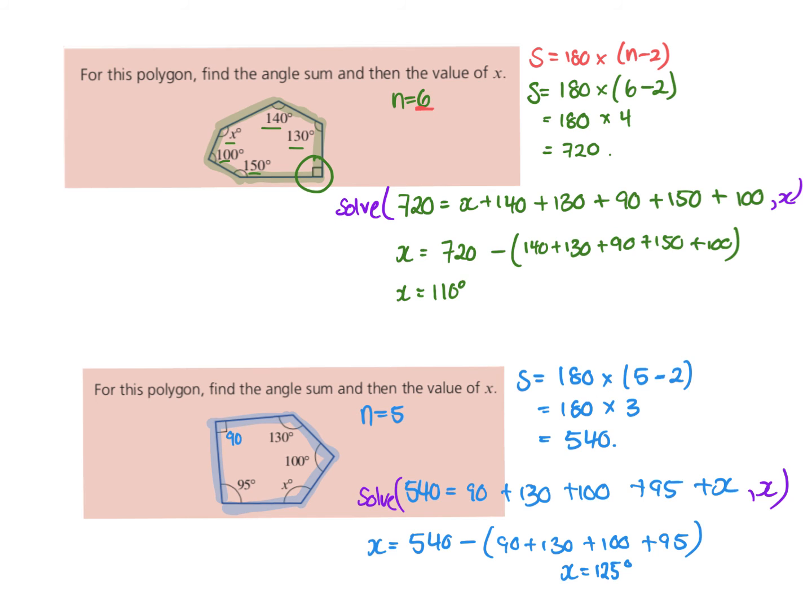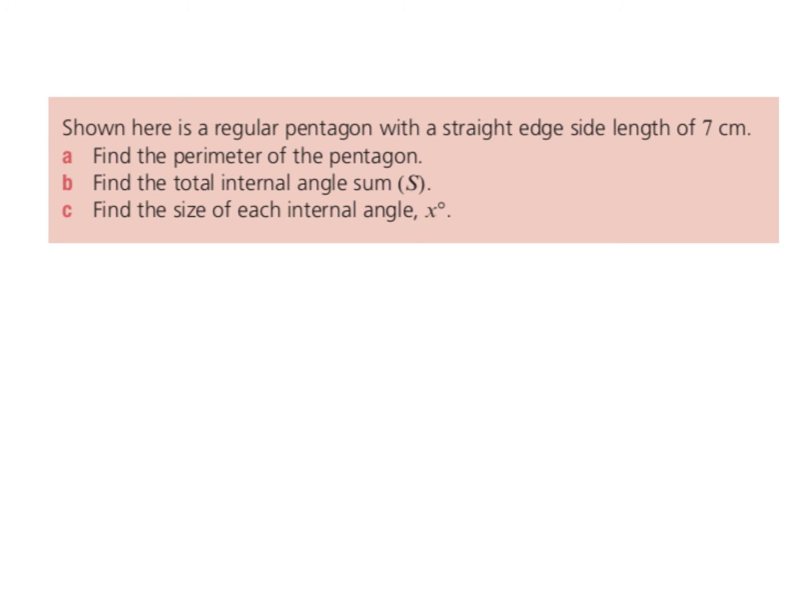All right. Okay, shown here is a regular pentagon. Oh, sorry, you can't see it. So a regular pentagon, it's not shown, but we're just going to pretend we can see it. A pentagon has 5 sides, yes?